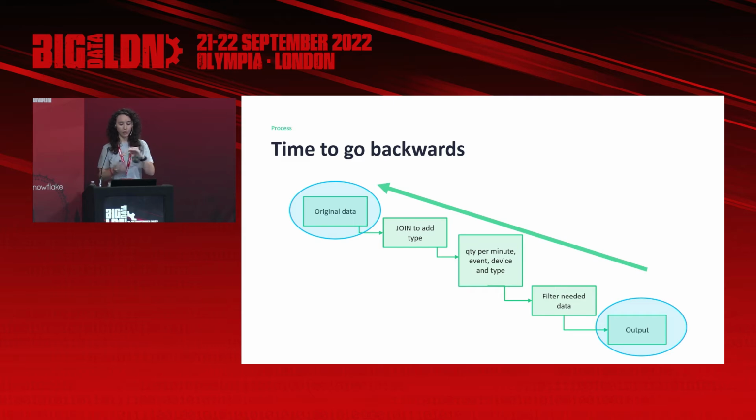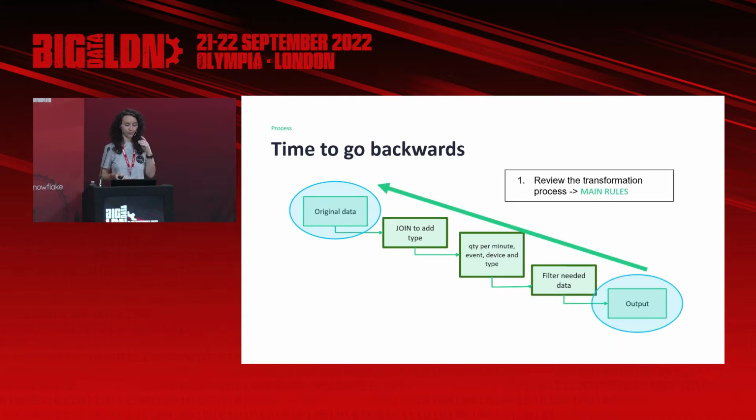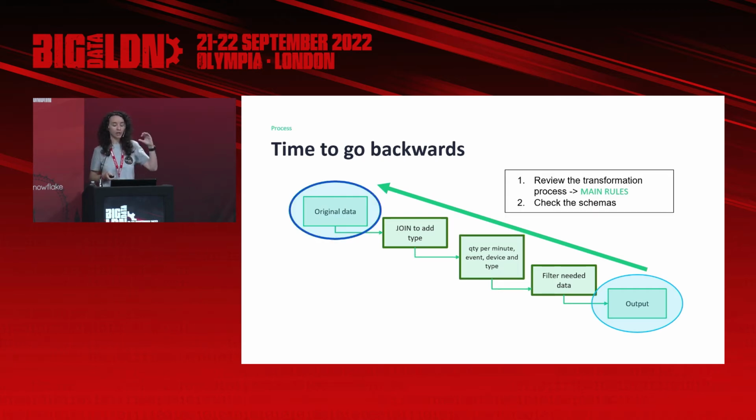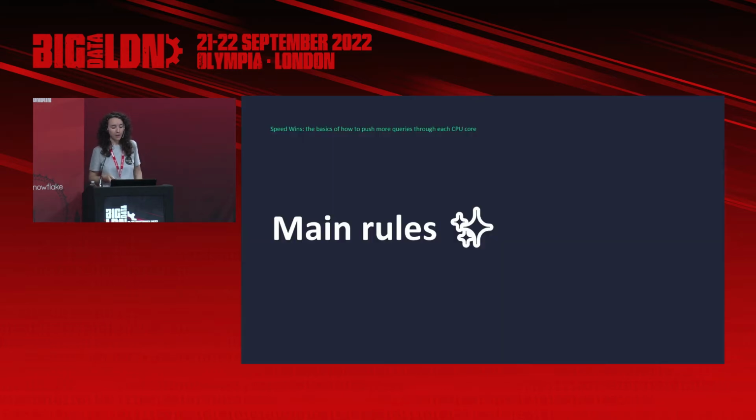It's okay, you have now the output you want to achieve, but now you have to improve your process. So it's time to review the transformation process, to check that what we call the main rules are being applied, and to check the schemas of the data. So what are these main rules?